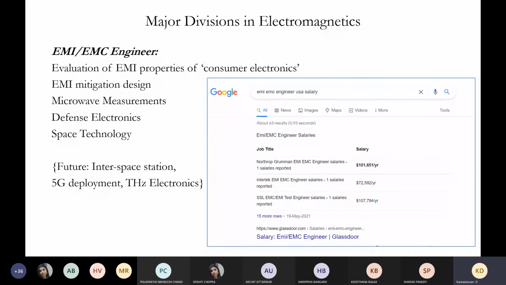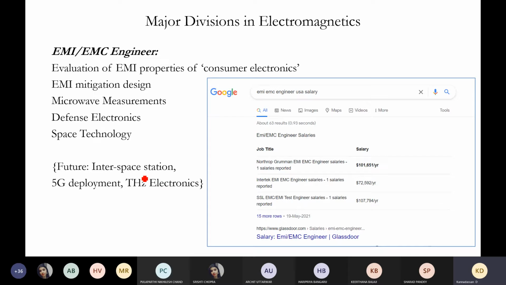For this, sophisticated measurement tools are used. Using those, they will certify, for example, the SAR rating you have heard about. That tells how much heating the microwaves can do on the human body, on the ear, on the brain, on the hands, like that. This kind of evaluation will be done by an RF engineer.